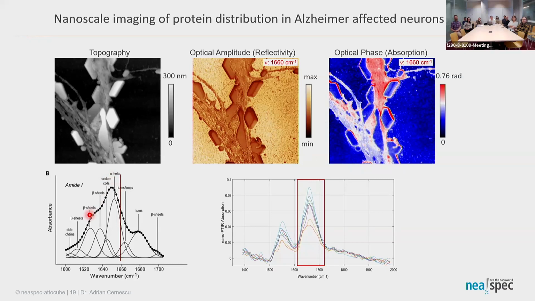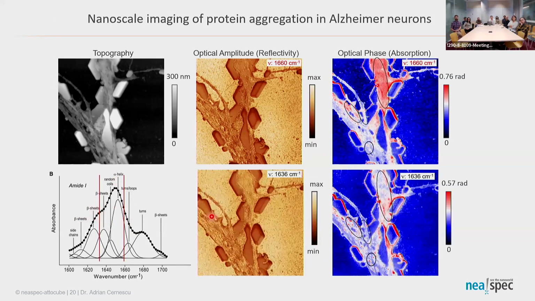This is very important because in the Alzheimer neurons, there is so-called aggregation of proteins, and then you have more beta sheet secondary structure proteins than alpha helical. In this case, we tune the laser and we make the same image, the same location, at 1636. And here we can see the distribution of these aggregated proteins is different compared to the alpha helical.